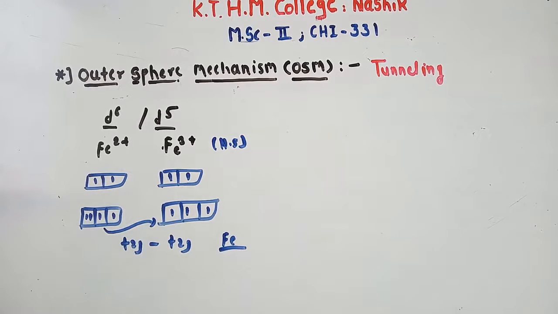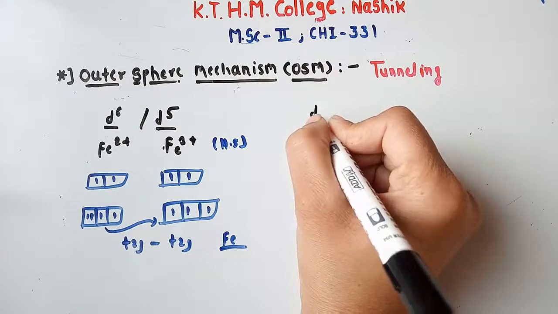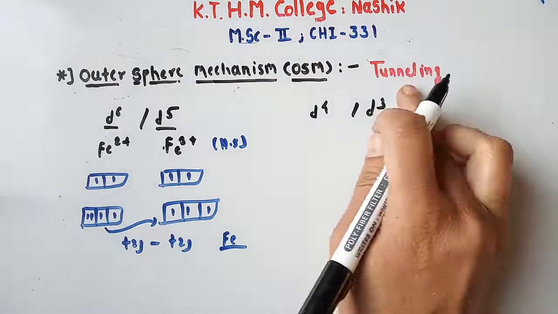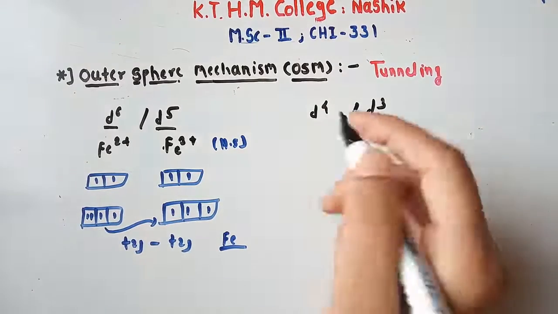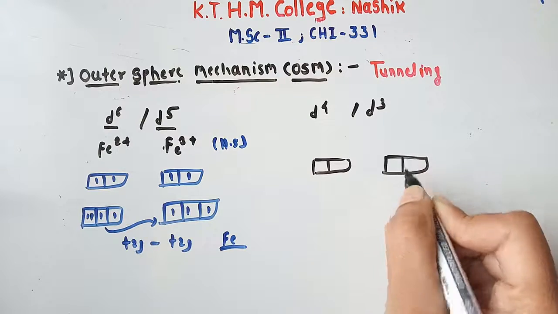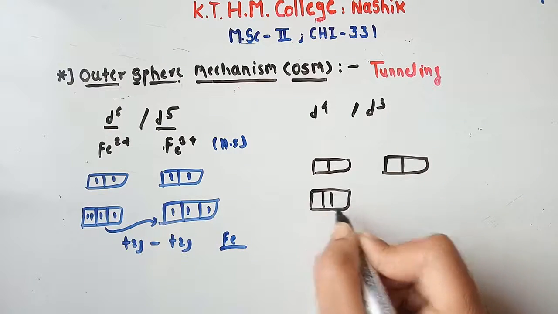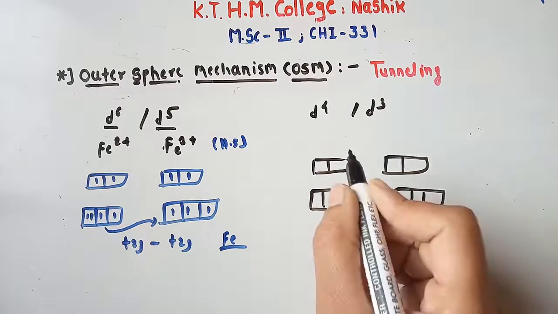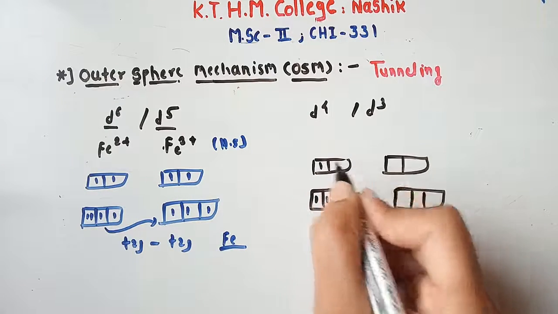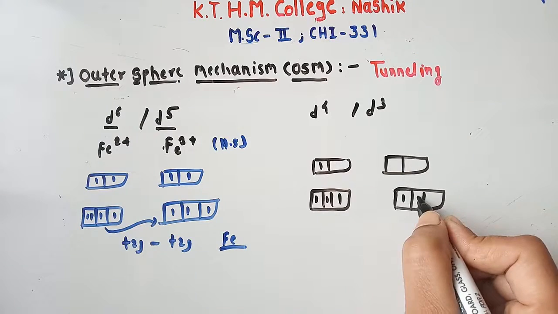I take again one example for your better understanding. If system is D4 and D3 high spin, 1, 2, 3, 4, and in case of D3, 1, 2, 3.